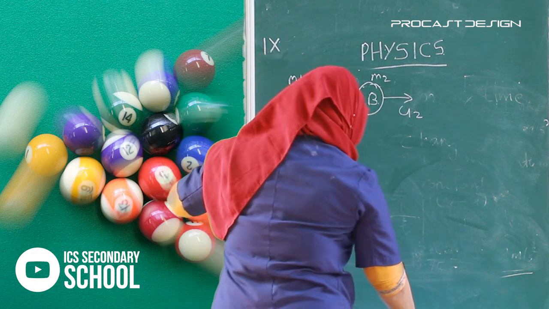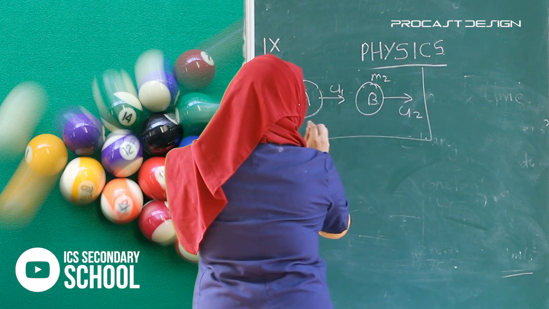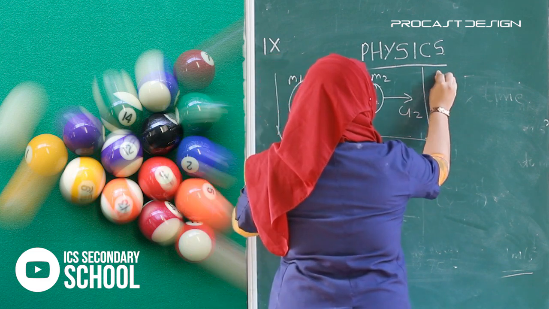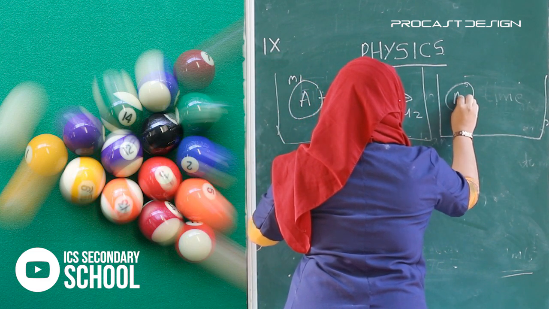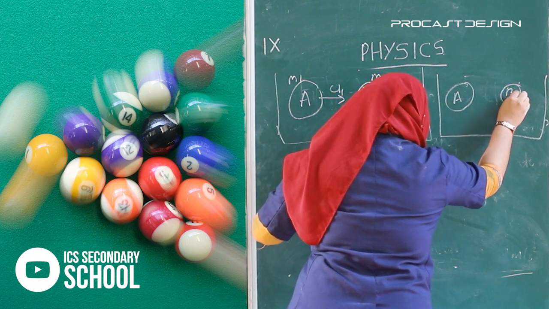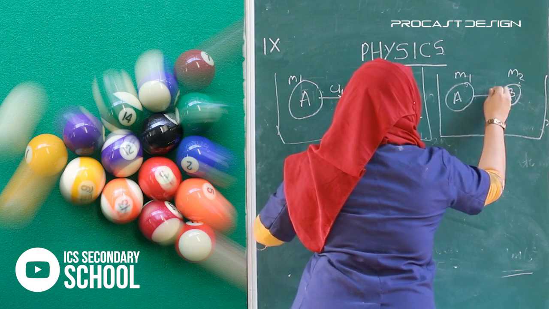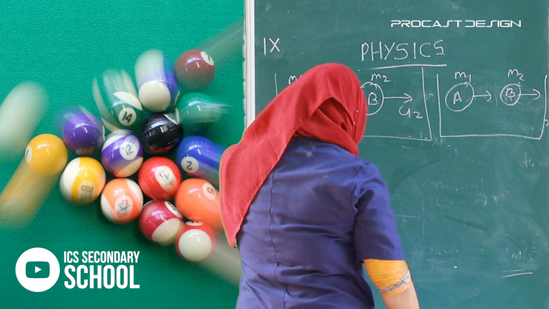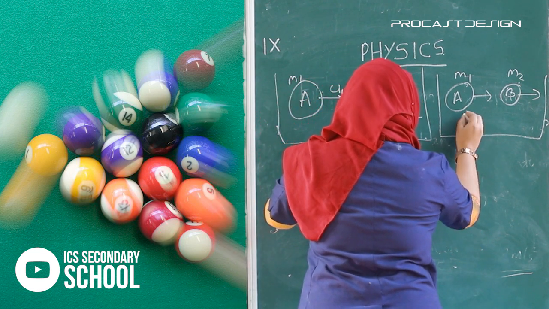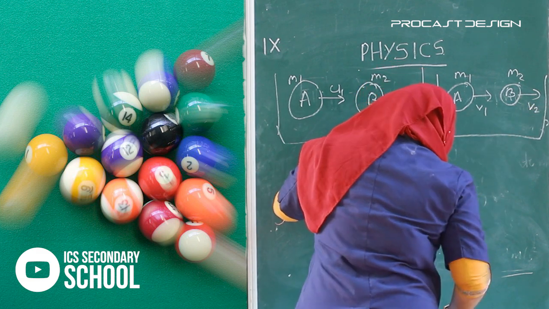This is before collision. Then after collision, A and B, masses m1 and m2 remain the same. Velocities u1 and u2 changed into what? After collision, u1 changed to v1 and u2 changed to v2.